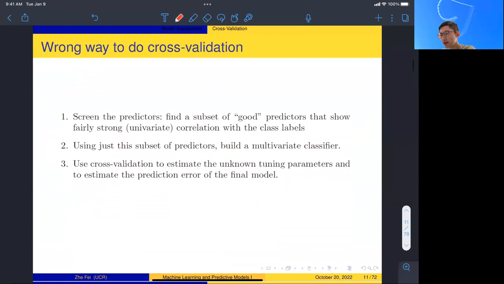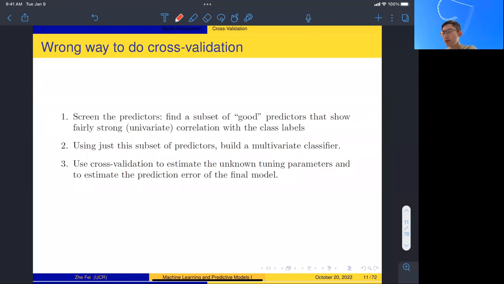Another thing to point out is that in recent years, statisticians have been more vocal about the right way to do model selection and the right way to do cross-validation. So people should have less of this misunderstanding, but it's worth pointing out once again.